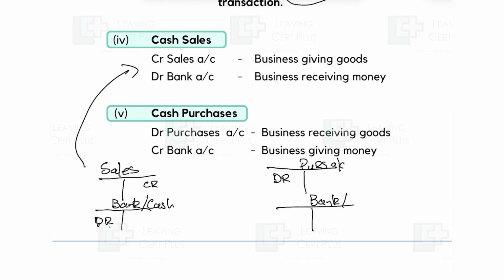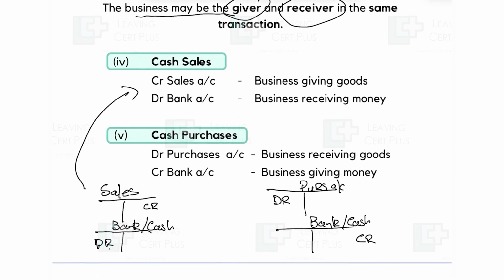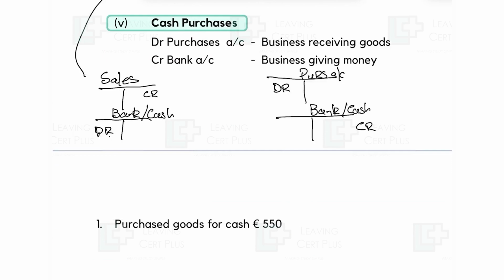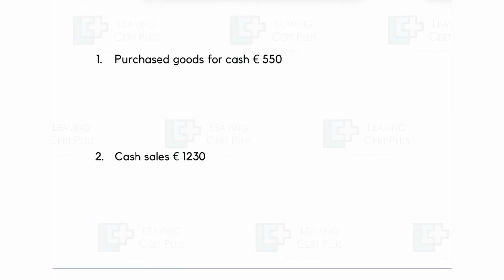Credit the bank, stroke cash, because the business is giving money and it's receiving goods. In this case, the business is giving goods and receiving money. So in these cases here, they're both the giver and the receiver. All right, slightly different transactions. So if I can just leave you with these couple here, and I'll come back to you and I'll show you the solutions to them.